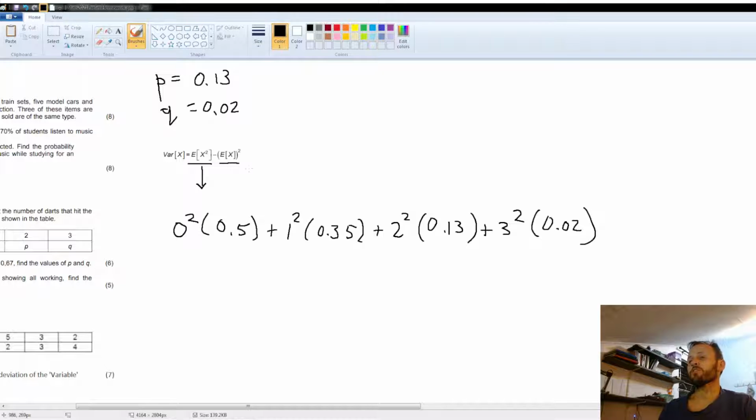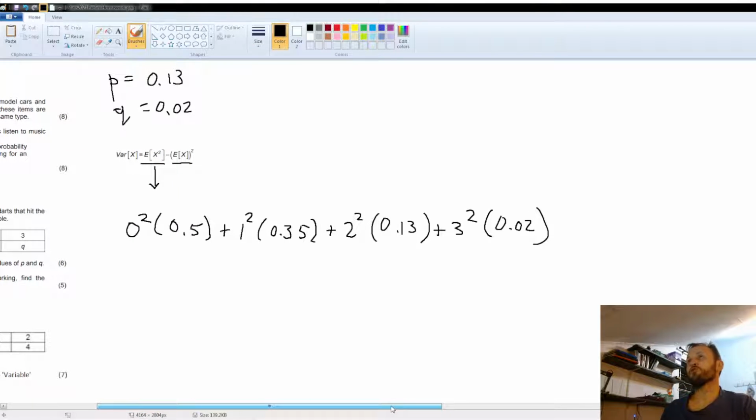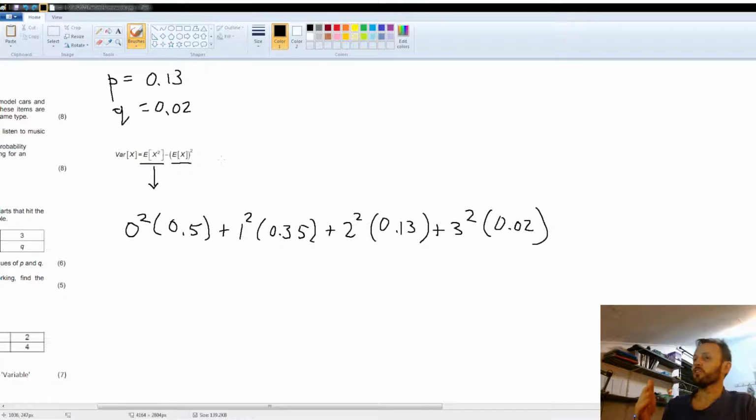Minus this. What's this? This is the thing we just used to calculate. This is much easier. This isn't the expected value of something where you have to square each entry. This is just the expected value, all squared, which means you take the expected value they give you and square it.